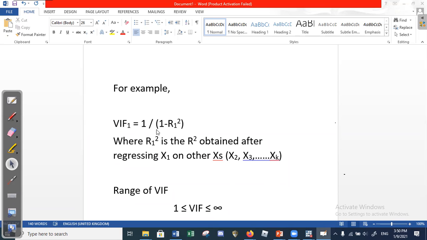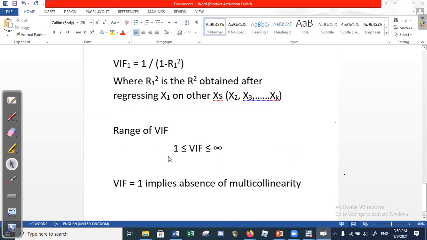When you put it into this formula, 1 over 1 minus R1 square, you will get the VIF1. Similarly for x2, VIF2 would be obtained as 1 over 1 minus R2 square, okay? Where R2 square would be the R square obtained after regressing x2 on all other x variables.